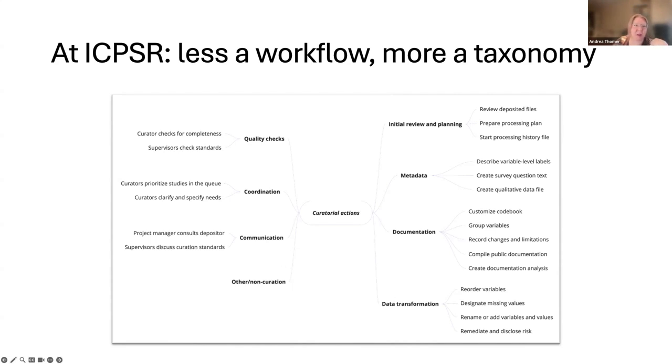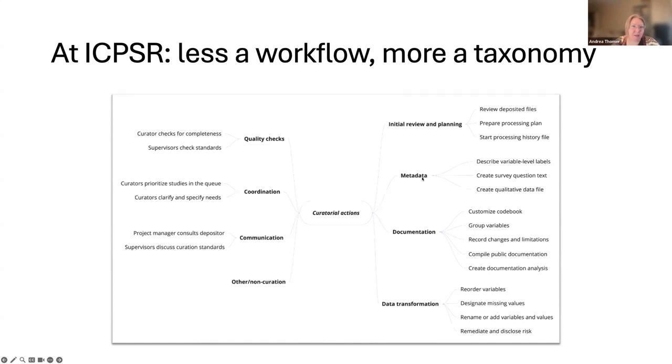These are the main categories of tasks that we got from the interviews and from doing text mining of the JIRA tickets. First, curators start with some initial review and planning, like reviewing the files, planning what they're going to do, and also thinking about how much money has been budgeted to this particular curatorial project, which I'll get into in a second. There are different levels of curation that they adhere to depending on how much funding they have for a given project.